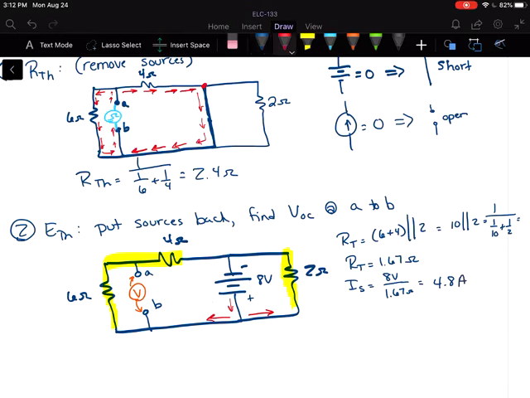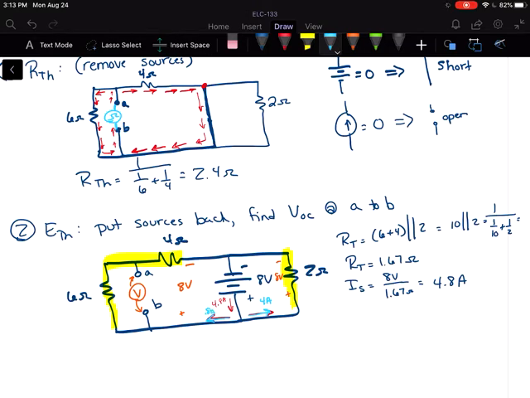Okay, so there's my 4.8 amps. Actually, I didn't even need that, did I? Because I also know that if I have 8 volts drop across my source, then I have another 8 volts here and another 8 volts across this whole branch. So that means the current this way would be 4 amps. The current this way would be 0.8 amperes.